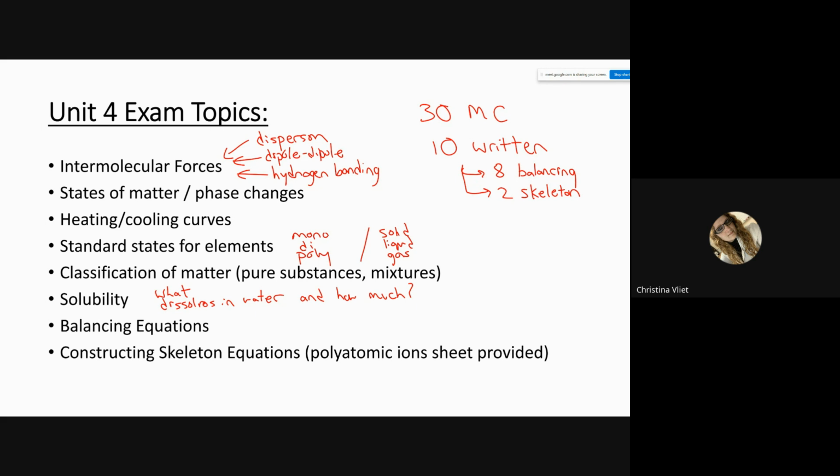I just have to remember that. So you have to get the elements.